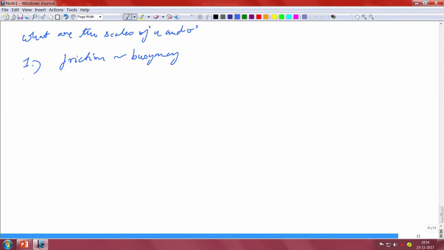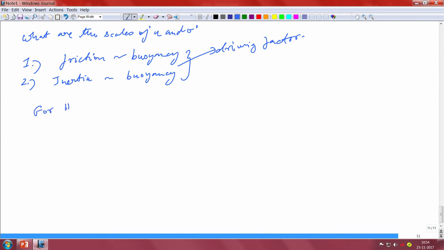The second one could be inertia and buoyancy. Buoyancy will be there regardless, because that will be the driving factor. Regardless of whatever you do, these two terms remain the same.